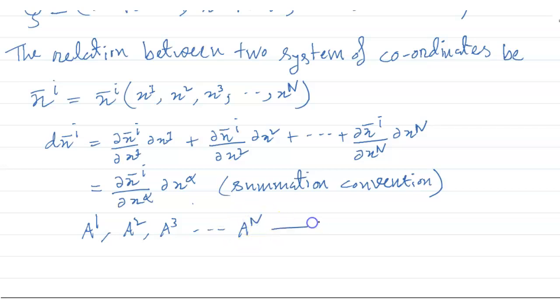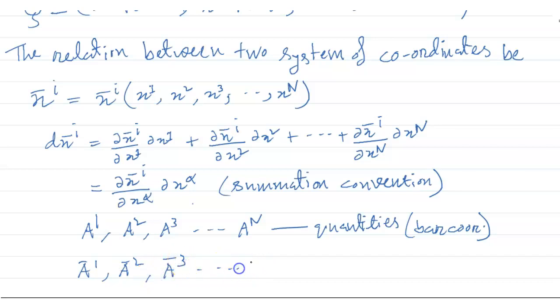These quantities are in the unbarred coordinate system, and a bar 1, a bar 2, a bar 3 are in the barred coordinate system.